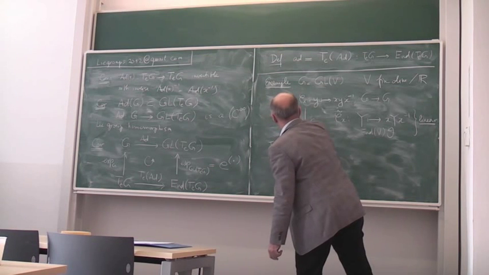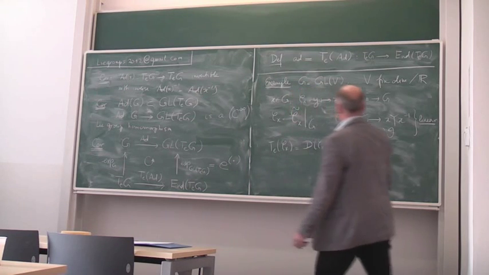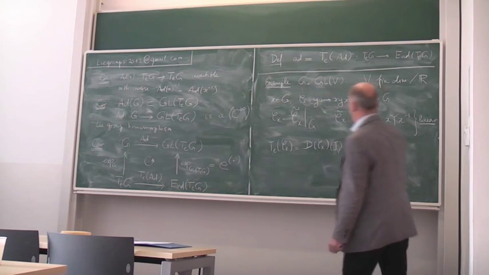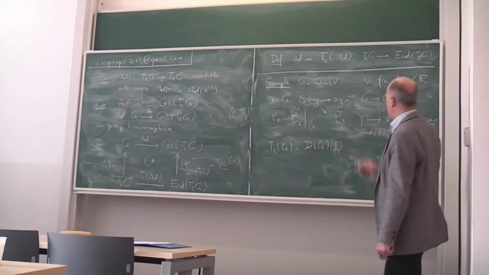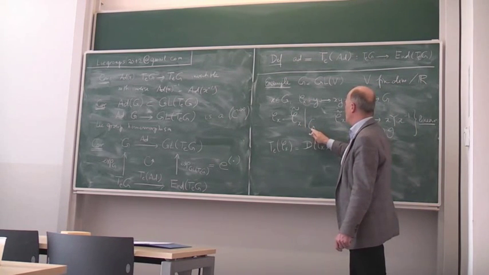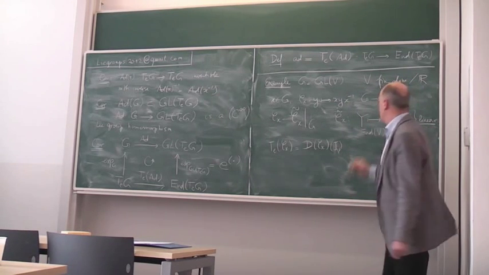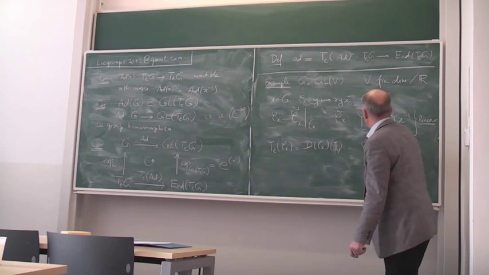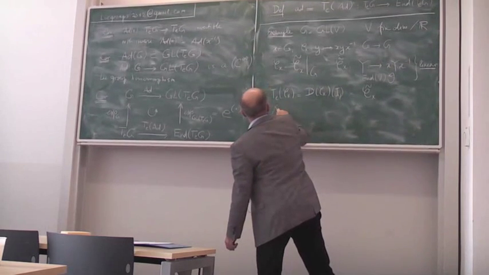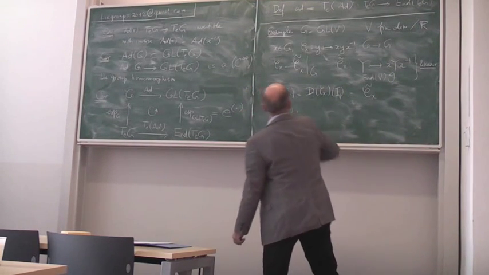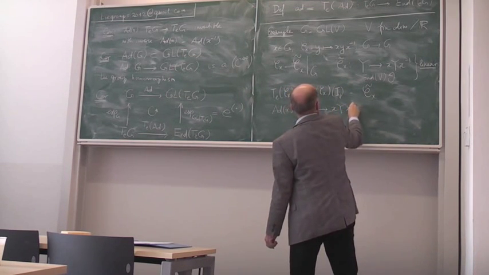Now this is basically the total derivative of C of X at the identity element, which is the identity map of V. But C of X is the restriction of a linear map to this open subset, and the derivative of a linear map is the same linear map. So this is the same as C tilde of X. In other words, Ad of X is given by Y goes to X Y X inverse.